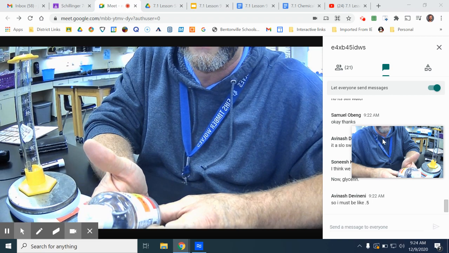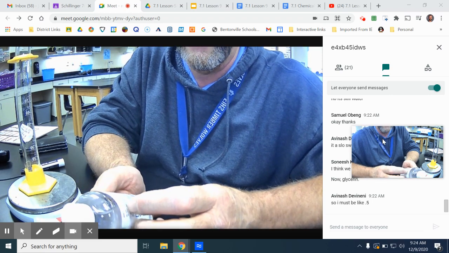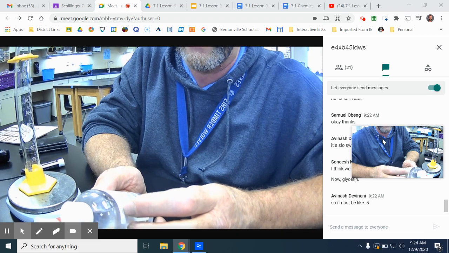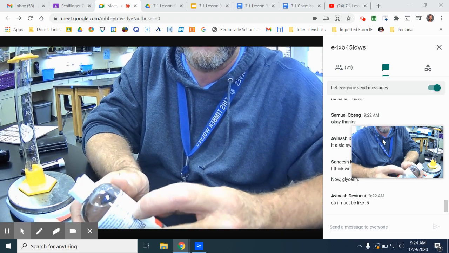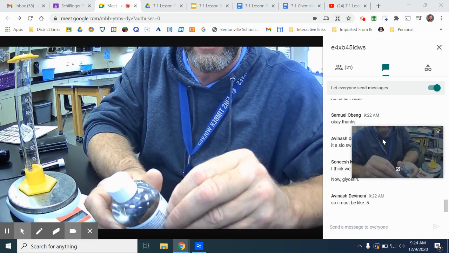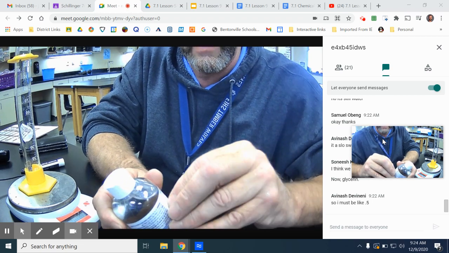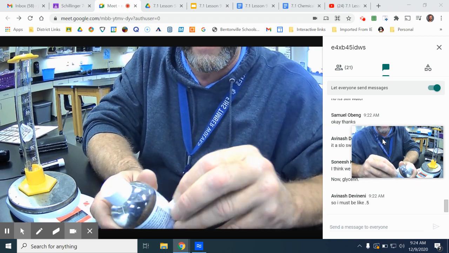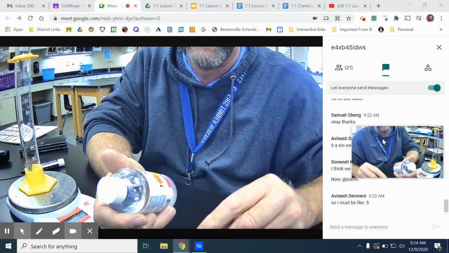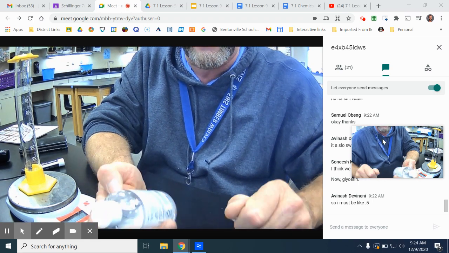Glycerin is part of lotion. It's used to soothe skin. You find it in food. You find it in all kinds of stuff. It's made from vegetables.